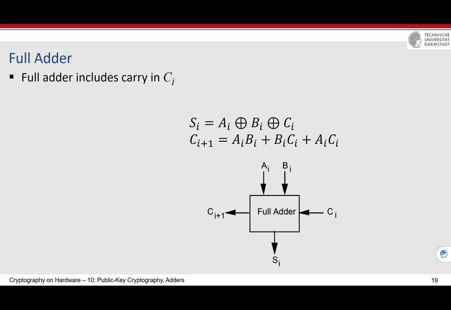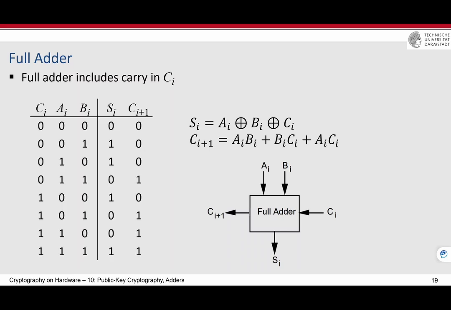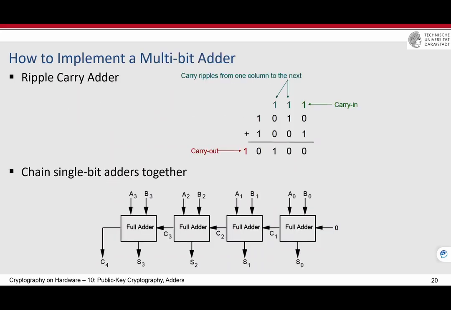This you already learned. And this is, of course, the lookup table or truth table, and then you can say that S is just the XOR of all of these, and carry out is 1 when at least two of them are 1. If even two of them are 1, then you should have carry out as 1.